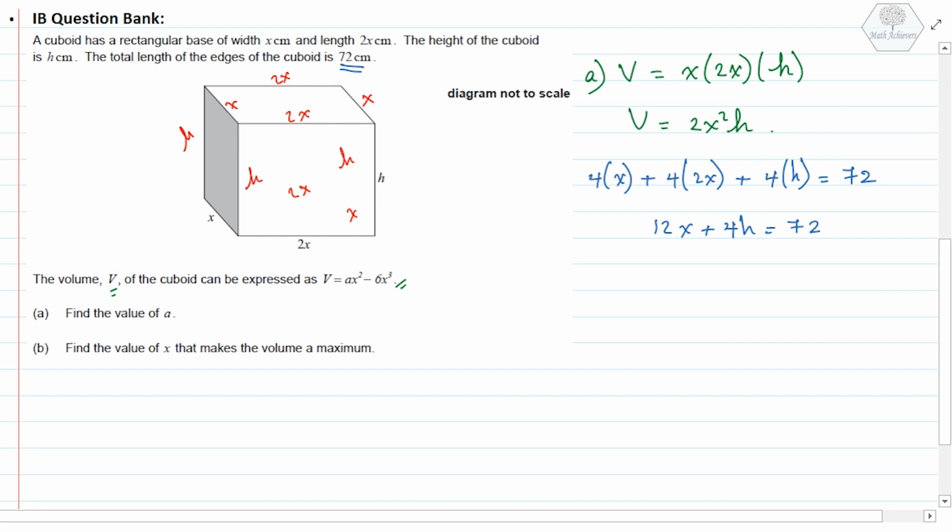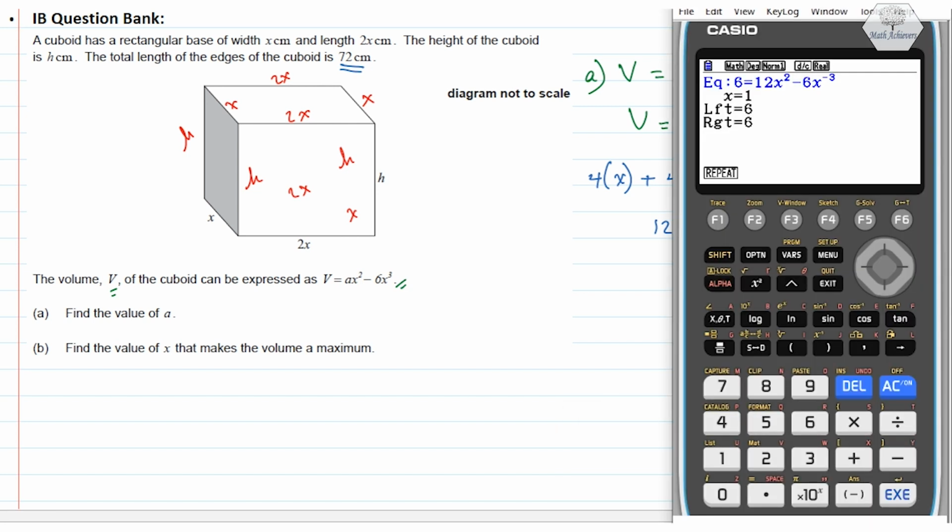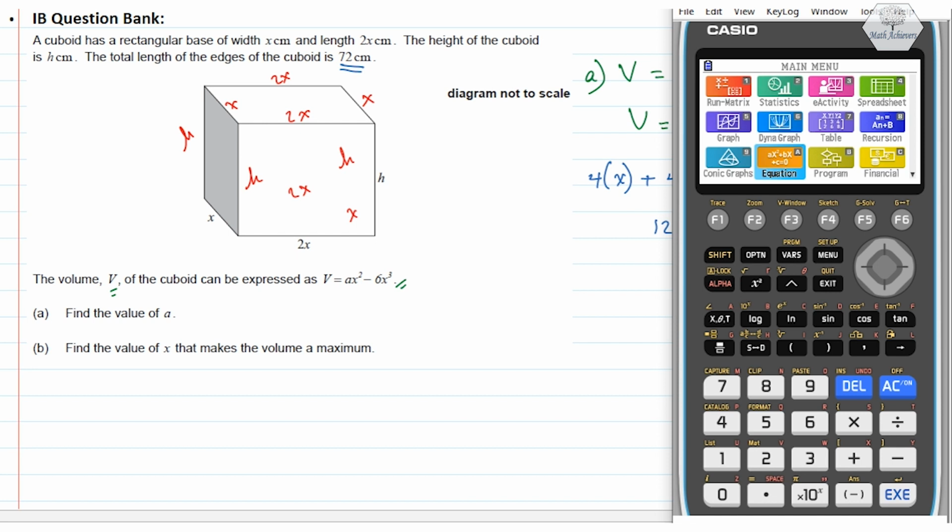Let's now make h the subject of the formula. I have 4h equal to 72 minus 12x. Now to make h the subject of the formula, I have to divide both sides by 4, having h equal to 72 divided by 4. I go to the run matrix.